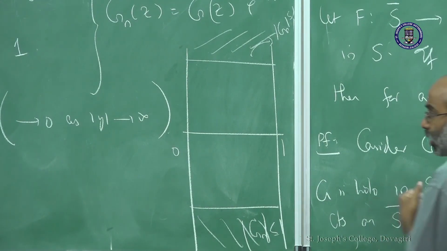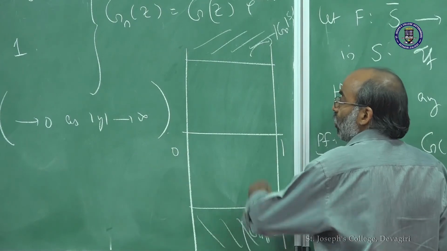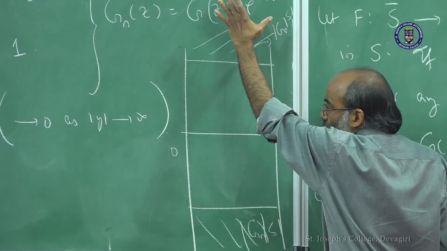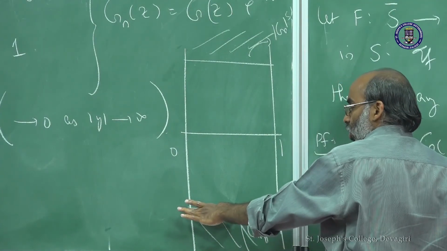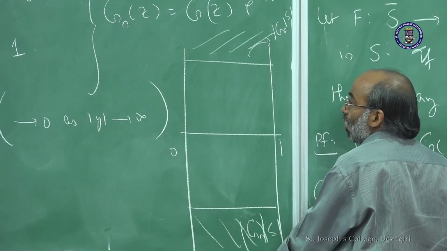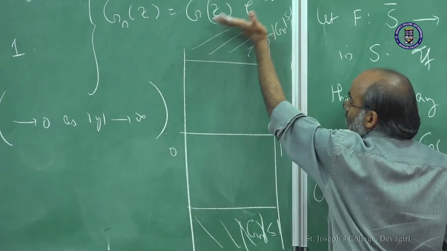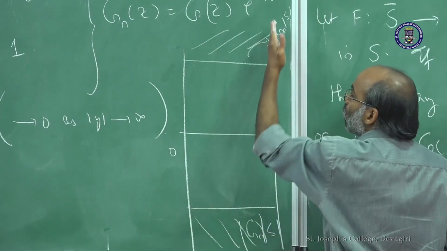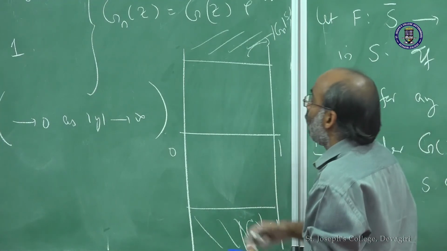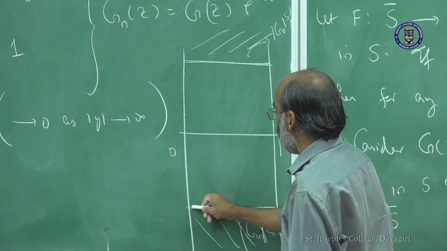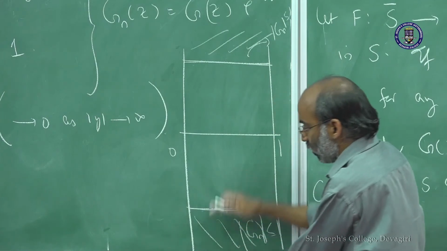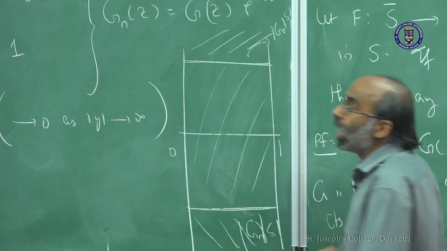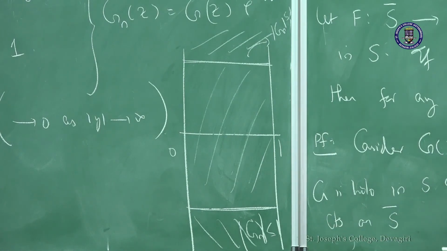So, to repeat, g_n is a holomorphic function which goes to 0 when y goes to infinity. So, after a certain stage it is less than or equal to 1 here, and after a certain stage it is less than or equal to 1 up here. On this line it is less than or equal to 1, on this line it is less than or equal to 1, and similarly here, otherwise you go down. So, in the domain inside, maximum modulus will tell me it is less than or equal to 1.